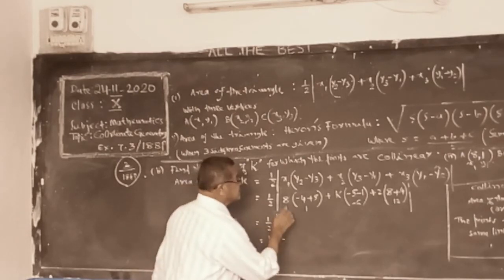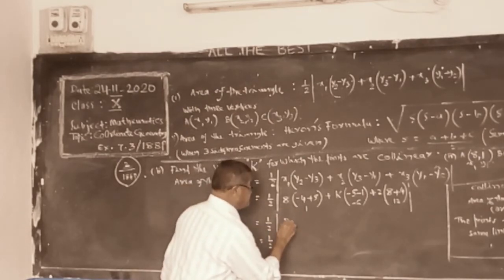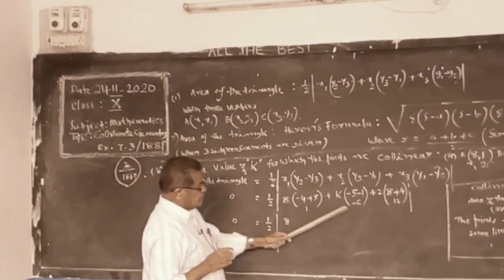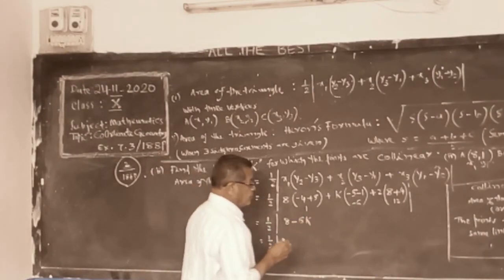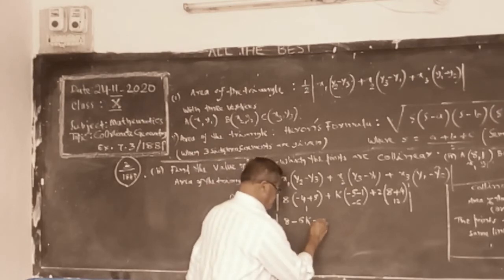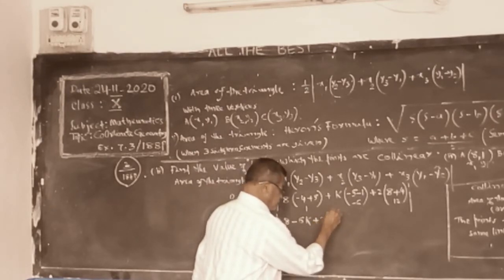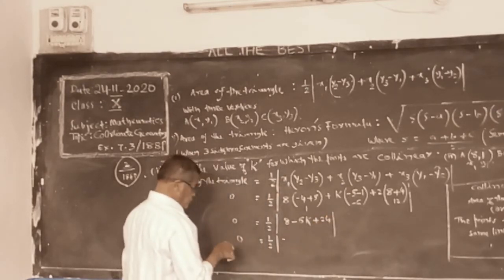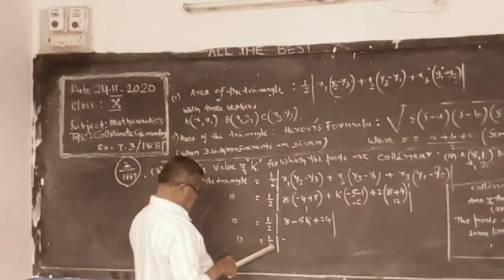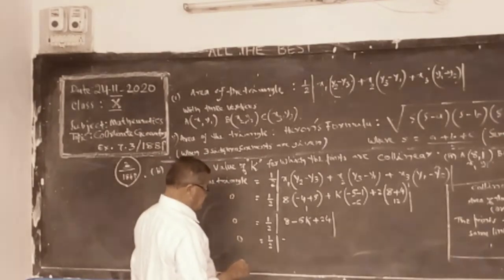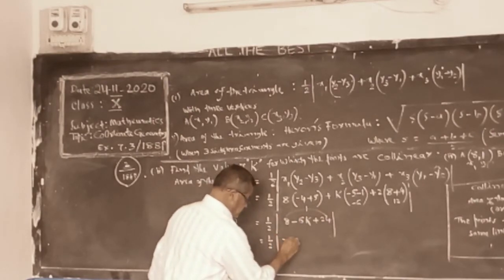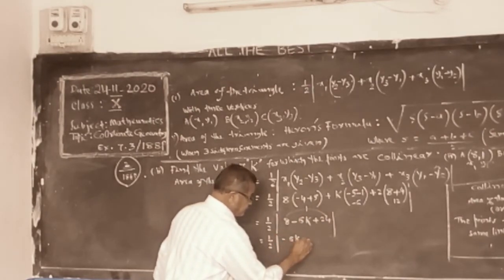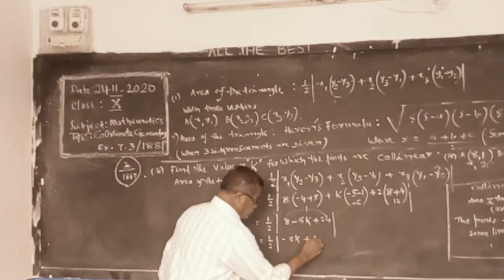Multiply 8 times 5 is 40 ... plus minus 6k plus 10 equals 0.